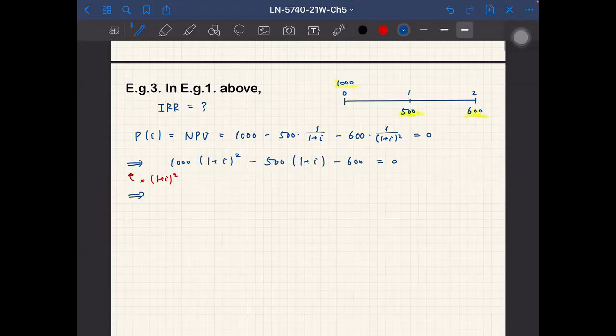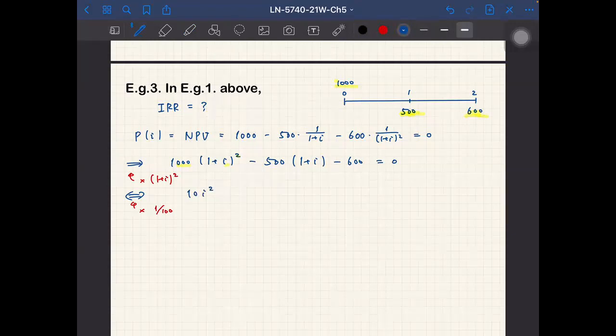So maybe we divide this by 100. Then 1,000 times i squared becomes 10 i squared.